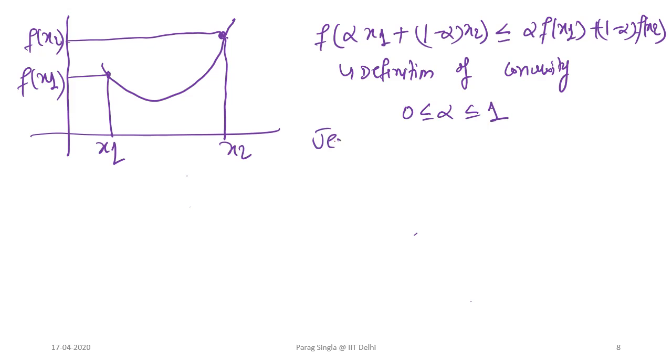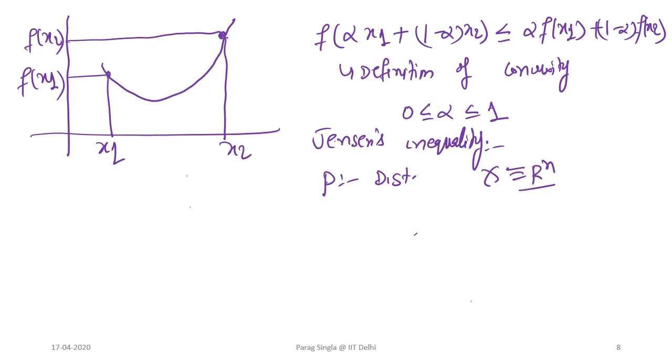Now Jensen's inequality states the following. It also needs a distribution P over this domain of x, the domain of f, which we denote by this curly X, which is Rn. Note that in the above setting, although in the diagram we are dealing with just one-dimensional input, in general each of these x belongs to this Rn space.